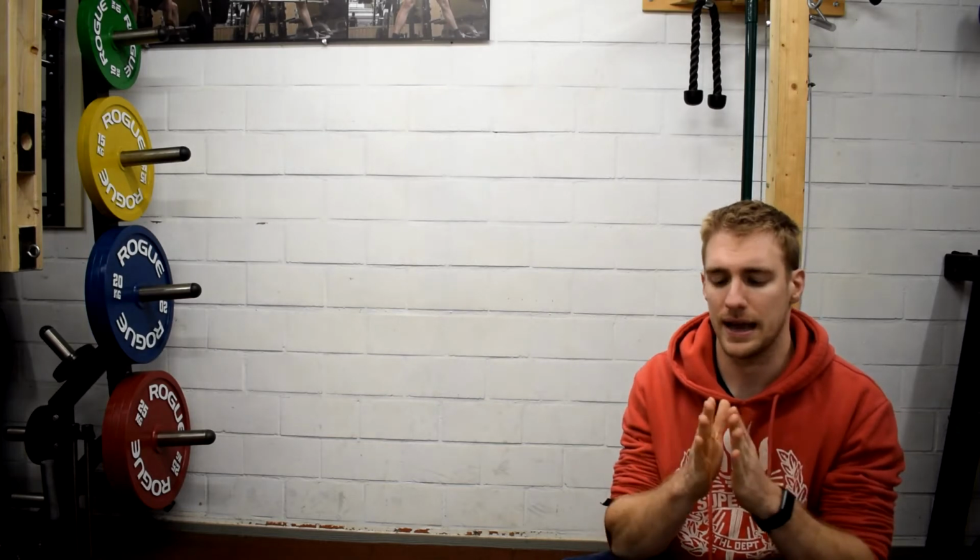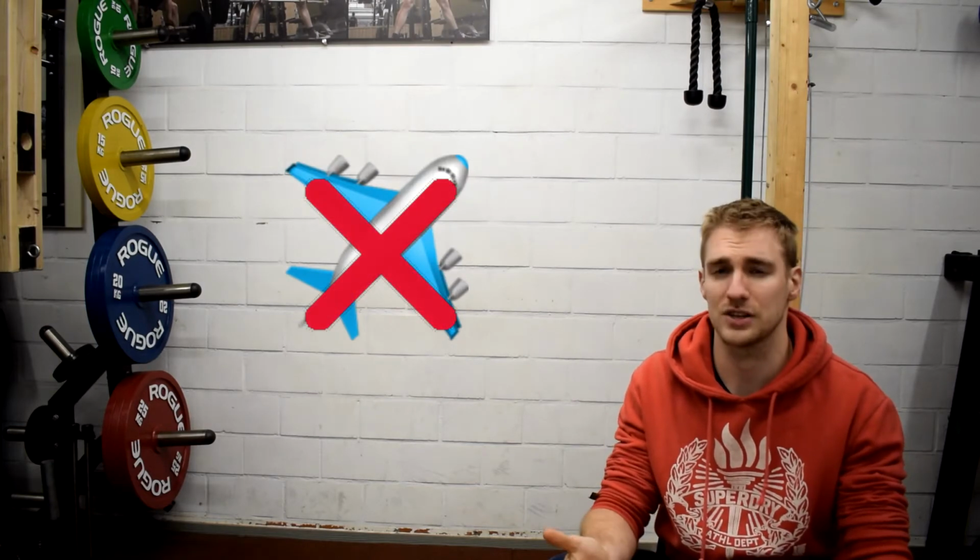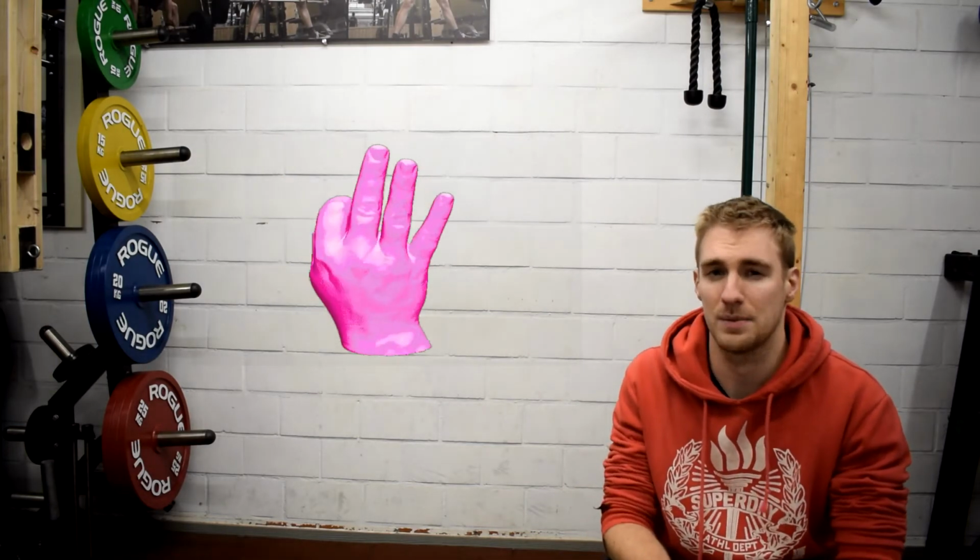Next up we have the planes and the axes of movement. In order to differentiate movements of different joints and to get a solid base, we need to talk about the planes. We only have 3 planes because guess what? We're living in a 3-dimensional world.